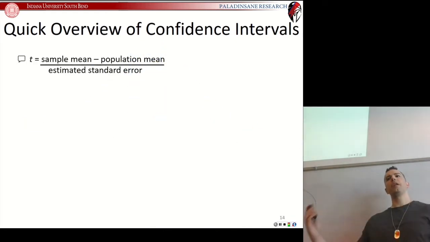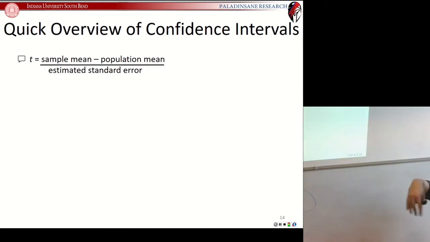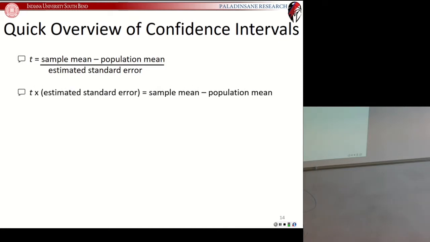All right, and then the formula for this, what it's all based on, is that t-test formula. So that t-statistic that we were calculating over and over and over again before we turned it over to SPSS: that sample mean minus your population mean divided by your estimated standard error. Notice that it has what we want to estimate. We want to estimate that population mean. We want to estimate, for example, how long the population of monkeys spend with the terracotta mother. So all we did was take that formula that we've been working with for a while now, and we isolated for population mean.